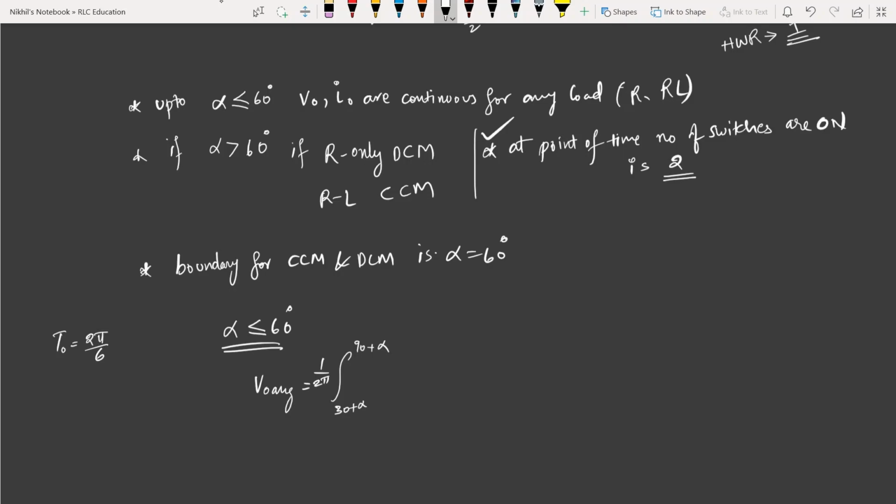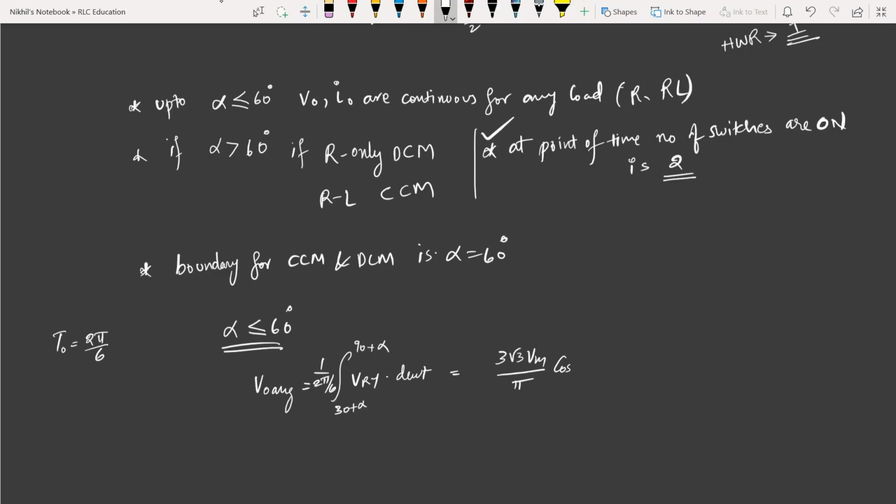So 1 by 2 pi by 6, integration from 30 plus alpha to 90 plus alpha, and here the voltage will be Vry, because the output voltage is a line voltage, as I told you already, into d omega t. Upon solving that, you will get 3 root 3 Vm by pi into cos alpha.